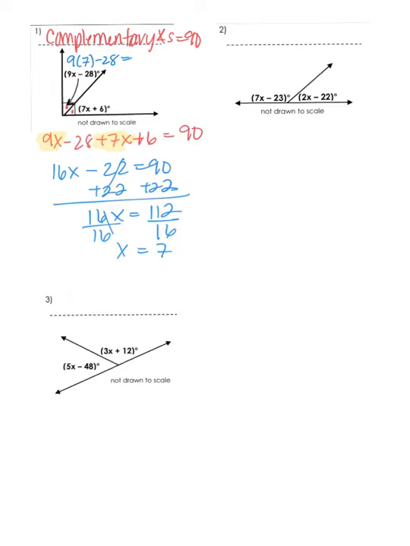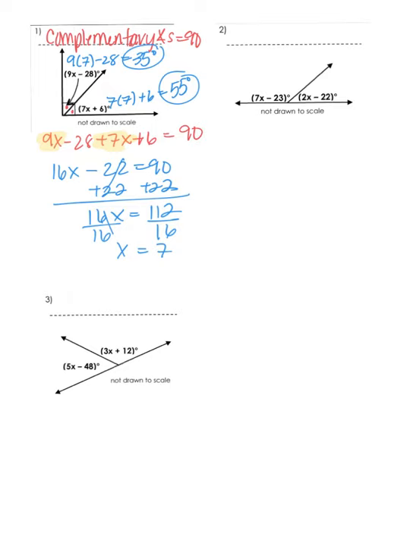So 9 times 7 is 63 minus 28 is going to give me 35 degrees. And the other one is 7 times 7 plus 6. So 7 times 7 is 49 plus 6. That will give me 55 degrees. So let's check. When we add these together, 35 and 55, it gives me 90 degrees, and that is correct.